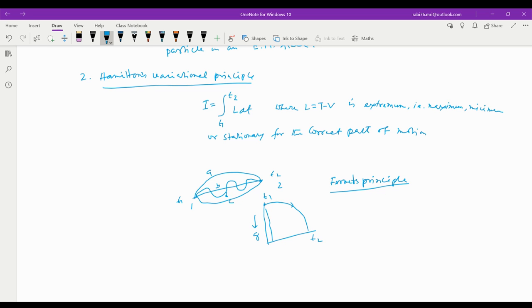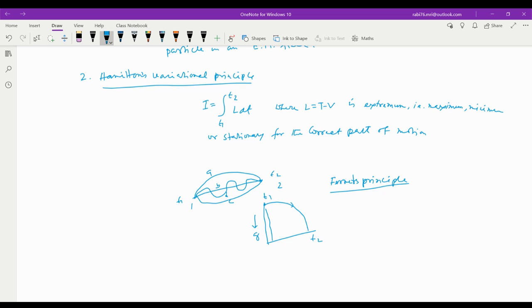Now, we don't have to prove Hamilton's variational principle. Instead, we would derive Lagrange's equation of motion from Hamilton's variational principle, because this principle is the basic principle of nature in which we are living.